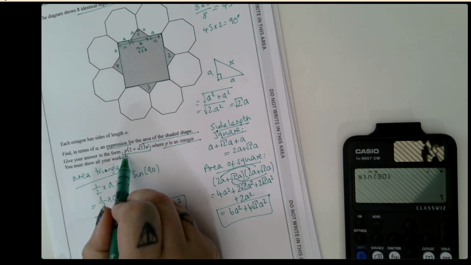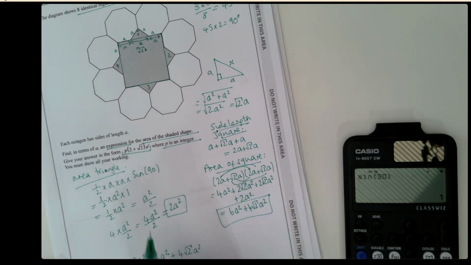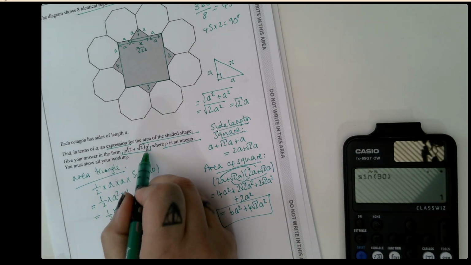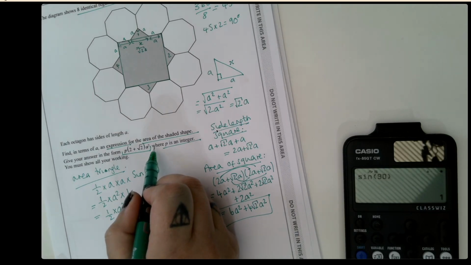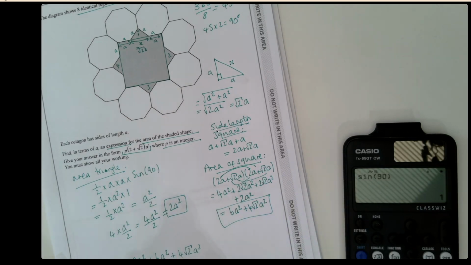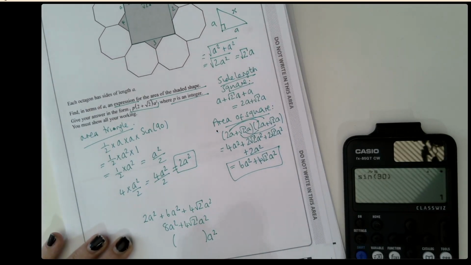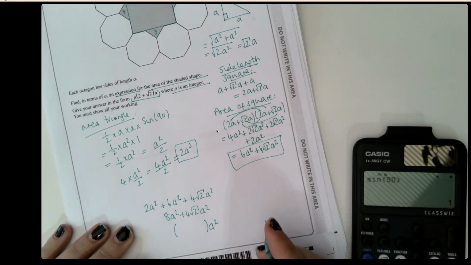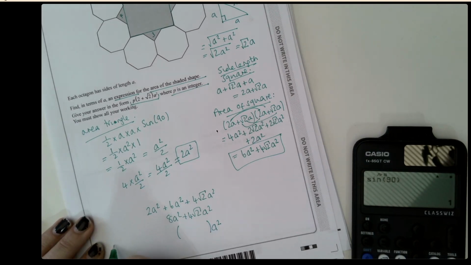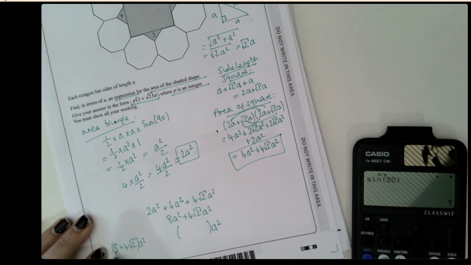Now they want it in this form, where P is an integer that I've taken out as a factor, and A squared is also taken out as a factor. If I take A squared out of the bracket, that leaves 8 plus 4 root 2, which needs to be factorised. 8 and 4 have a common factor of 4.